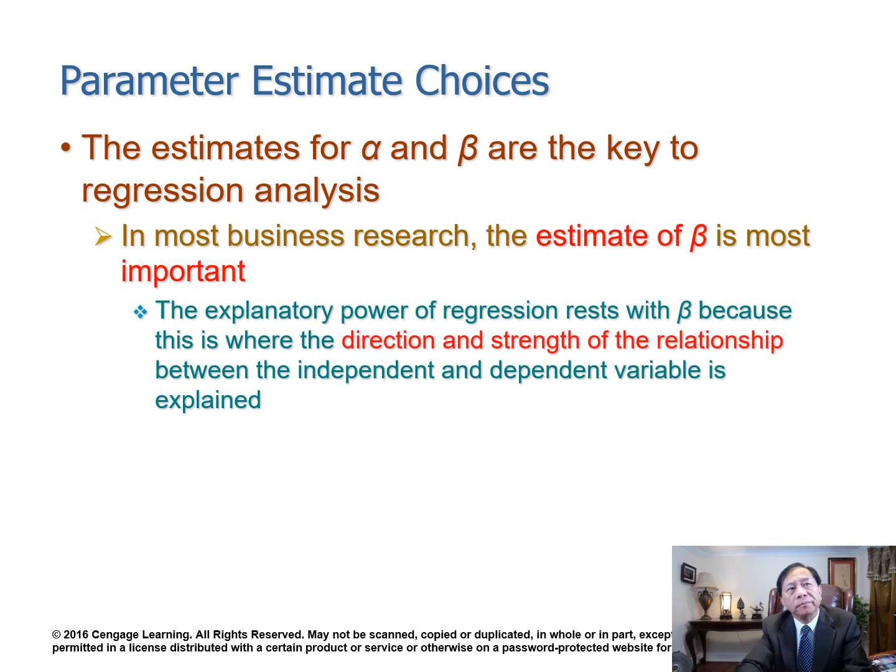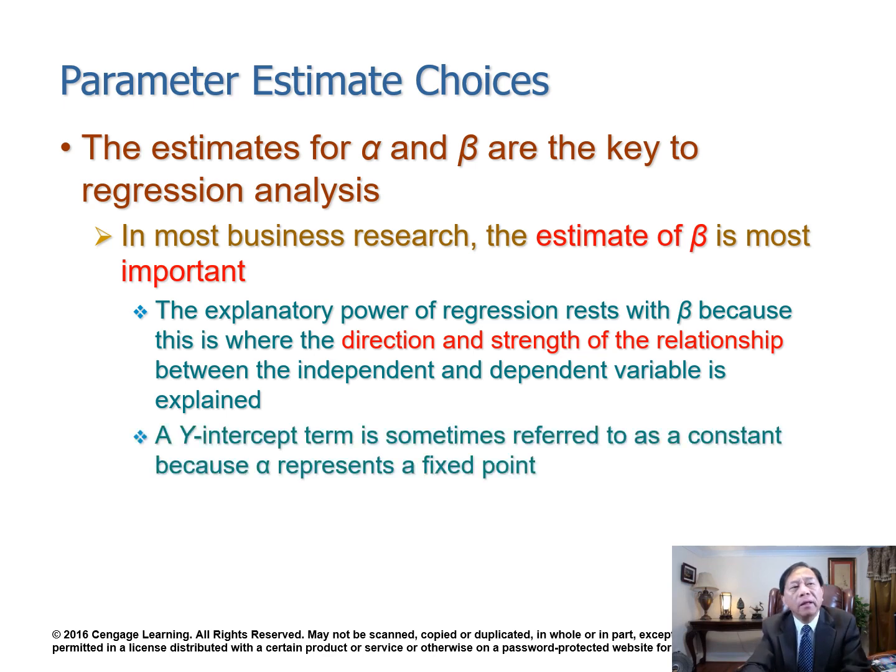The explanatory power of regression rests with beta because this is where the direction and strength of the relationship between the independent variable and dependent variable is explained. The direction: if it's positive, there's a positive correlation, the one goes up, the other goes up. If it's negative, one goes up, the other goes down. The strength: the larger the value, the stronger the relationship.